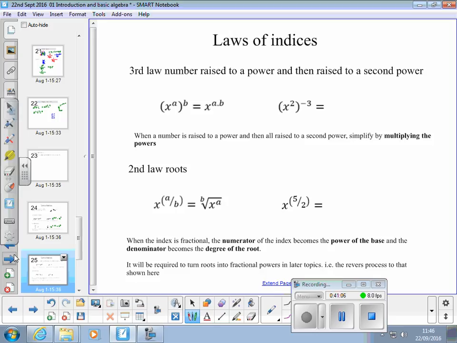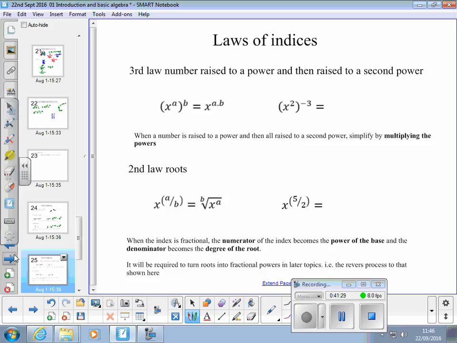Third law, we have a number of a particular base raised to a power and then, in brackets, raised to a second power. We multiply the two indices. So we've got x to the a here in brackets, and those brackets are raised to the power of b.